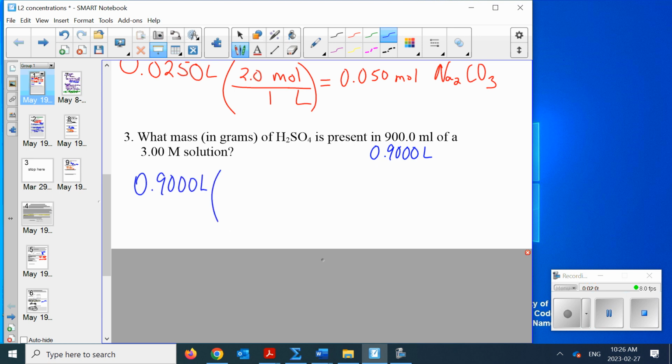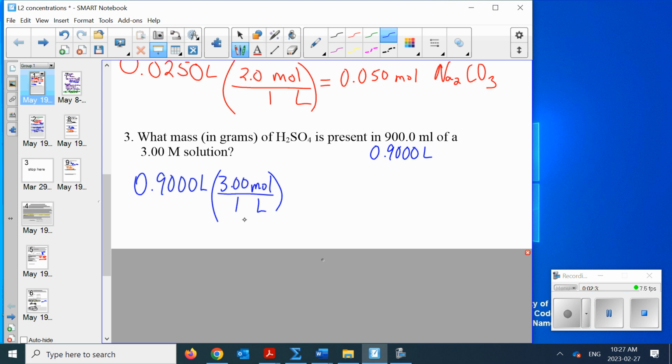How many liters of solution? And I know I want to get rid of liters to keep the moles. So I'm going to say, well, that's 3.00 moles per 1 liter. The 1 itself is infinitely correct. You don't need to guess. If I calculate right now, I am going to stop and have moles.